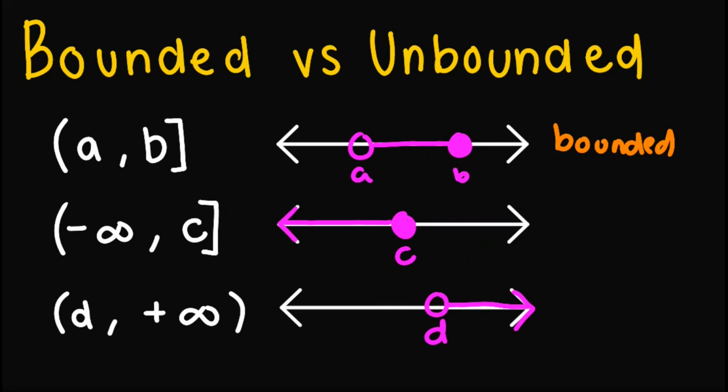But for the last two examples, observe that we have negative infinity and positive infinity. When negative infinity and positive infinity are present, we say that that interval is unbounded.